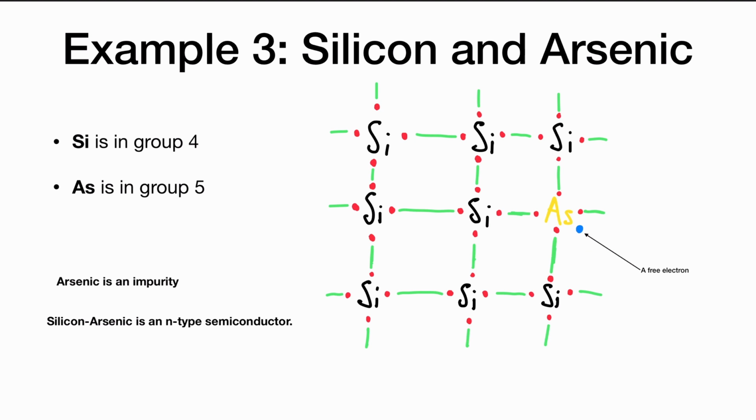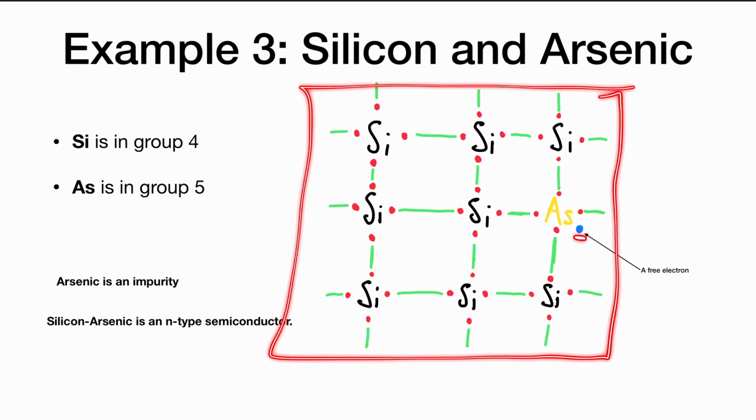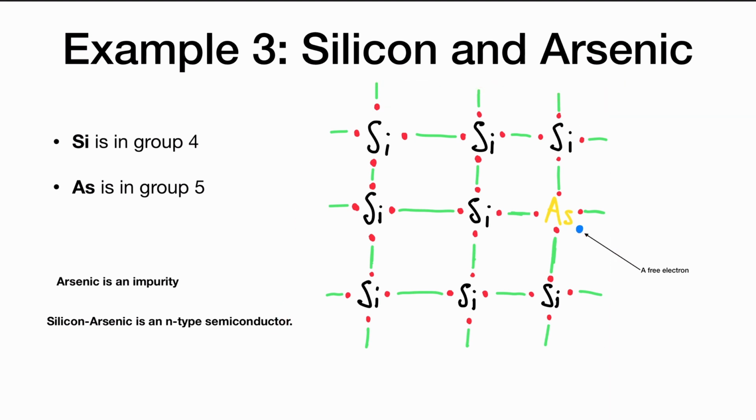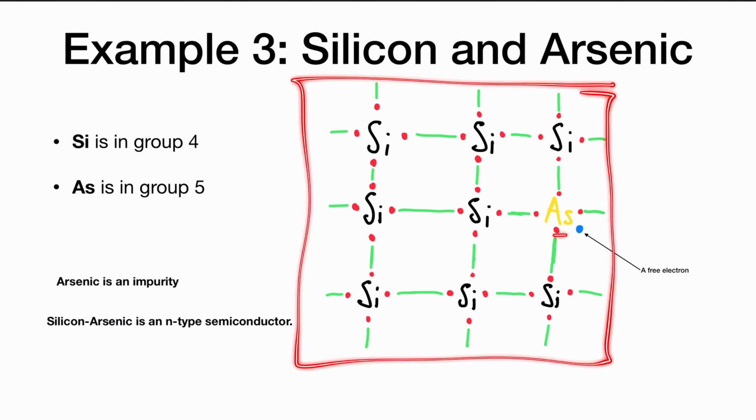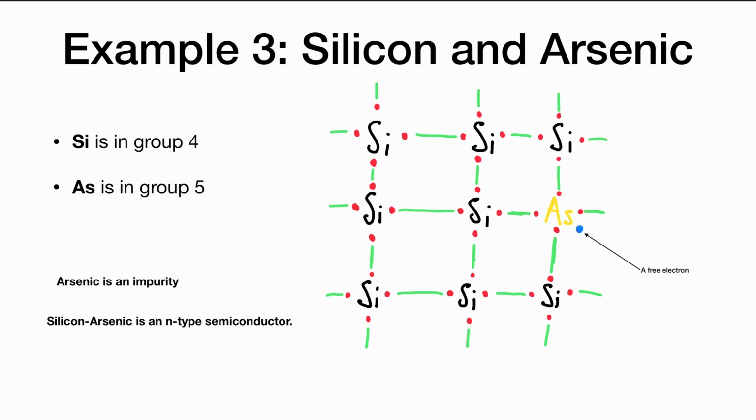Now, because arsenic introduced an extra electron, this type of conductor, or I shouldn't say a conductor, it's a semiconductor. Because of our introduction of arsenic, we ended up with an extra electron, which is available to conduct electricity.